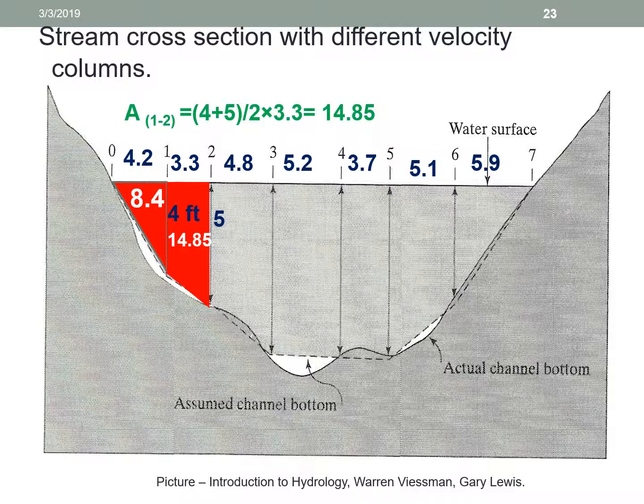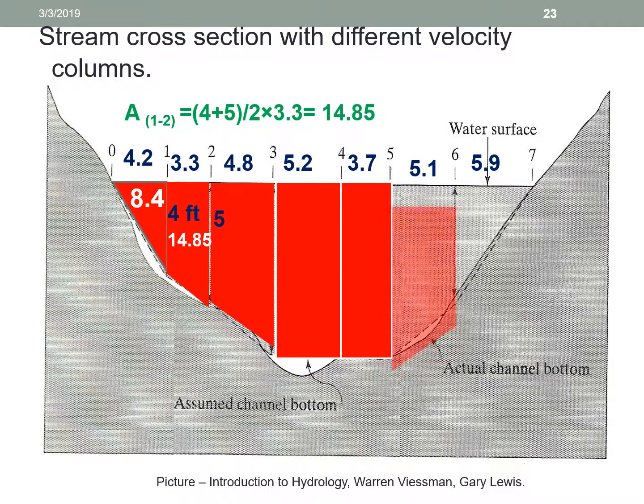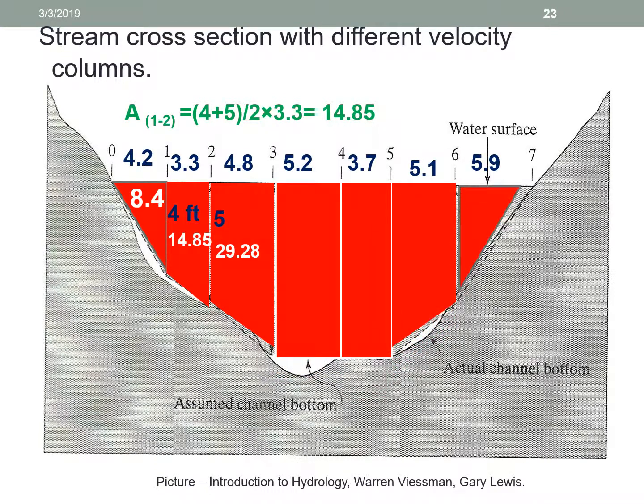So from section 0 to 1 we calculated the area. So you have to calculate the area for all of the sections. So the next one, if you calculate, will be 29.28, 37.96.